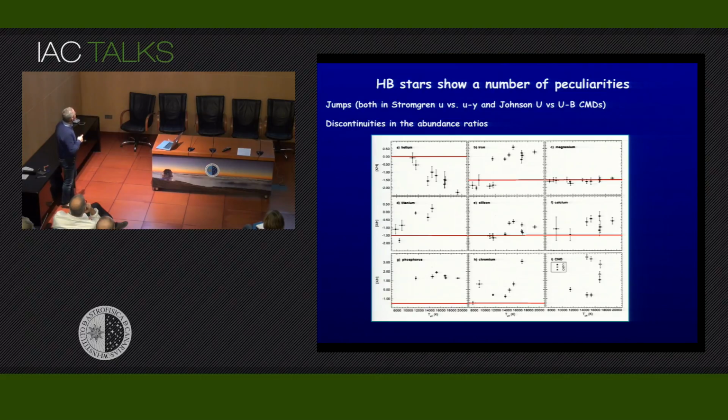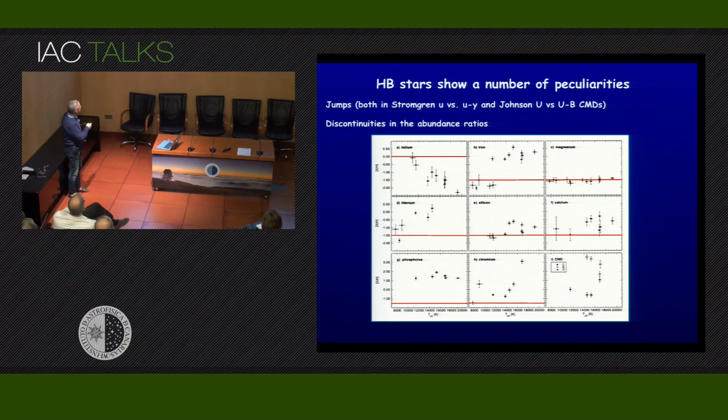What he found is a clear presence of discontinuity in the abundance ratios when you consider the stars along the horizontal branch at different effective temperature. In this plot, the different panels correspond to different elements: helium, iron, magnesium, titanium, silicon, and so on. The red line corresponds to the abundance that you expect accounting for the original metallicity of the cluster. Since this is a metal intermediate cluster with a metallicity of minus 1.5, I should expect that all horizontal branch stars show this metallicity, minus 1.5.